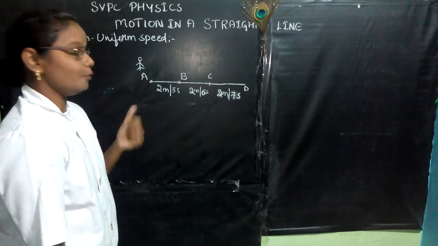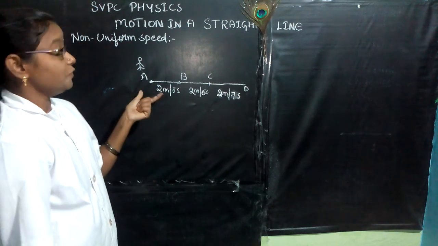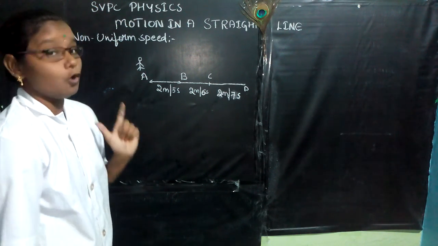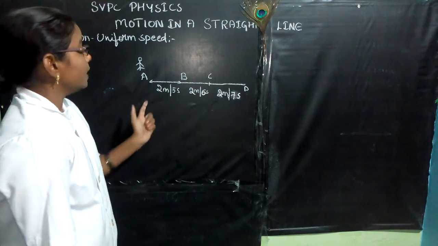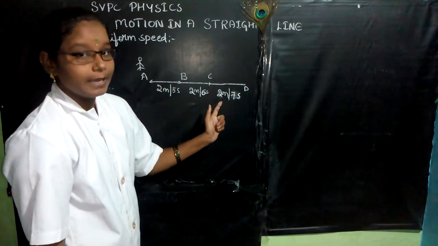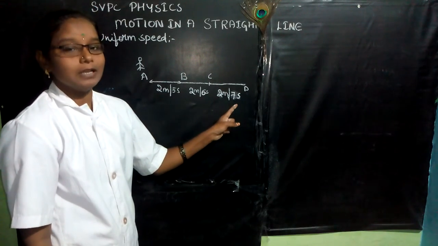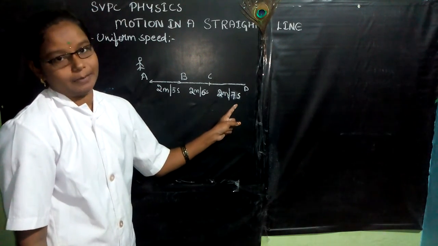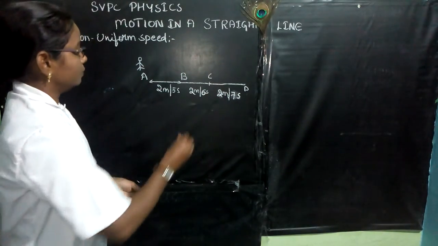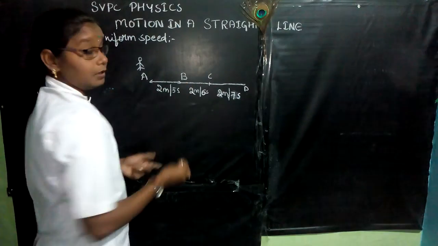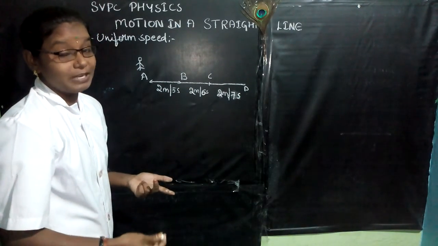Now I can form the sentence like this also: if an object covers equal distances in unequal intervals of time, that is also called non-uniform speed.